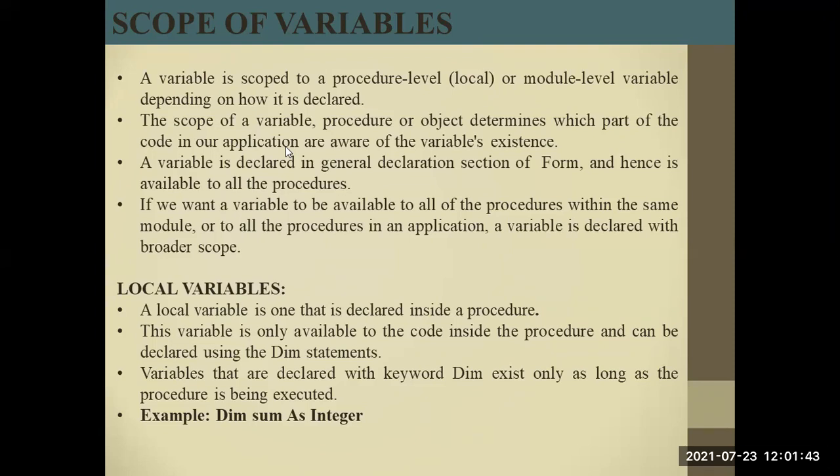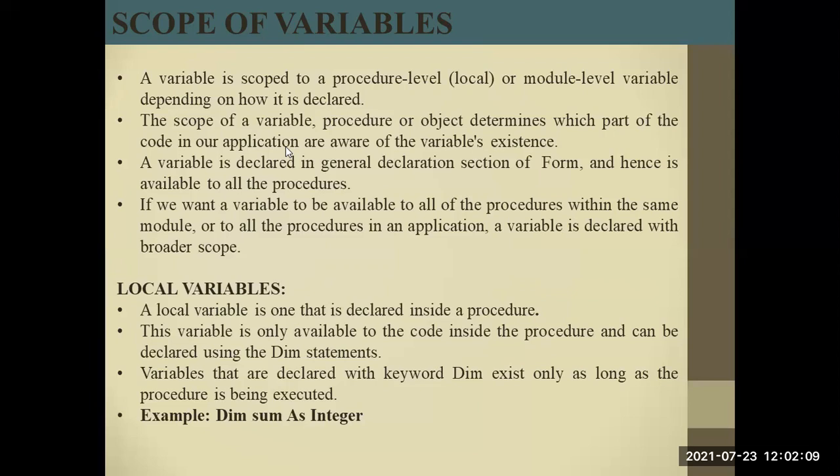The variable declared with the keyword Dim exists as long as the procedure runs. So it's very simple: how long does the variable exist? As long as the procedure in which the variable is declared exists, the variable will also exist.